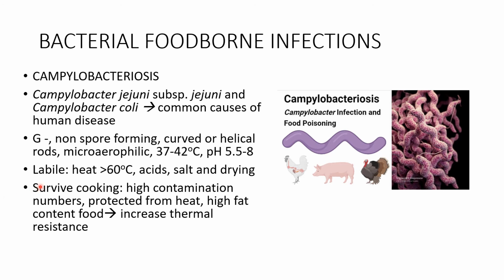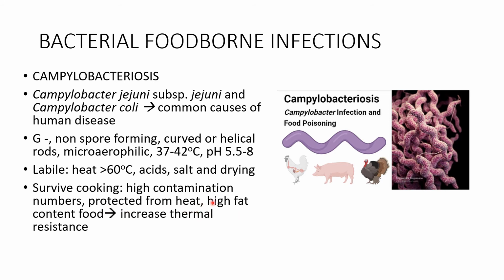They are very heat labile, so heat at more than 60 degrees Celsius would inactivate them. Strong acids, salts, and drying would also inactivate the pathogenic agent. However, in very high numbers, they may be able to survive cooking, or if they are protected from heat.